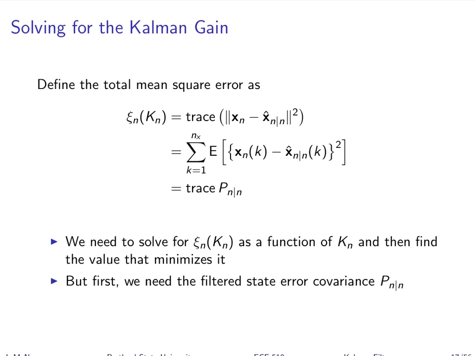It turns out that's not true for the Kalman filter. Even if you weighted different elements of the state error vector and said, I care much more about this element than the other, the Kalman filter still gives you the optimal estimate of the state.